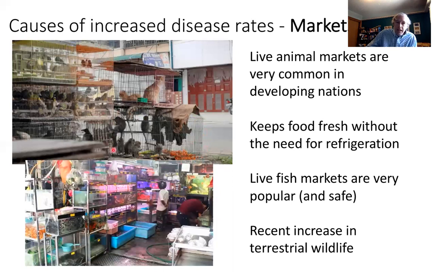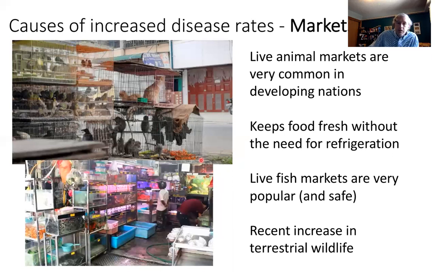If you keep the animal alive, technically that meat is going to remain totally fresh for days, if not weeks. So you can keep taking the same monkey back and having it for sale, and the person that's buying that monkey knows it's fresh, knows they're not going to catch salmonella or something like that.